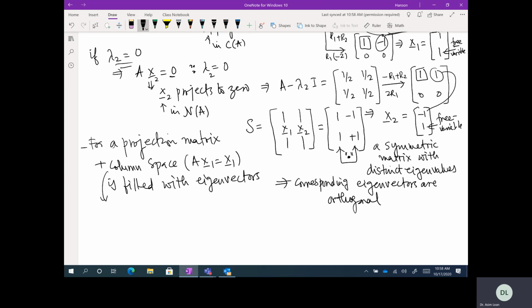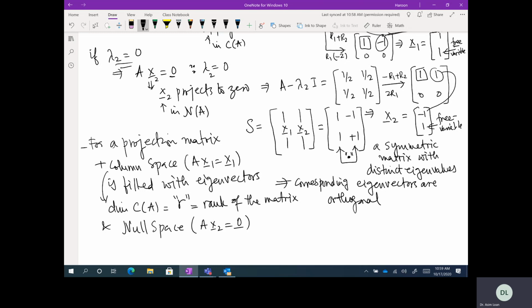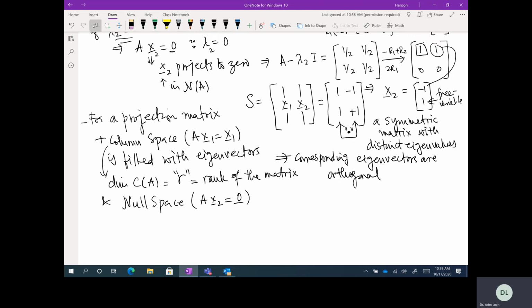And what is the dimension here? The dimension of the column space is r, which is the rank of the matrix, and the null space, Ax2 equals 0, is also filled with eigenvectors.